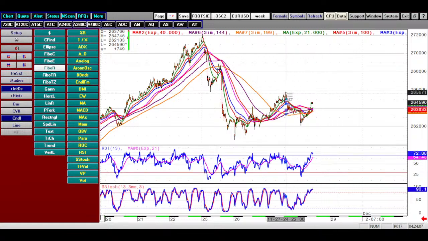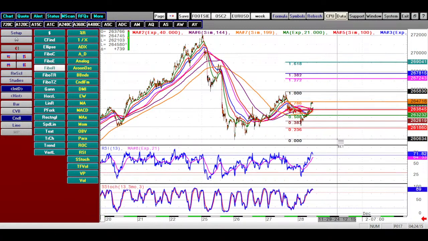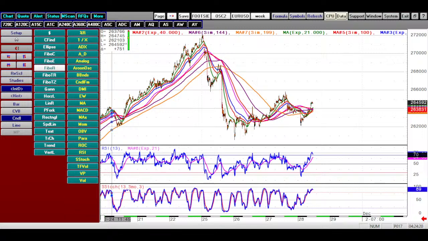But if the 58 half breaks, then we should see the price heading not towards 68 or 72. Okay, 72. So what we can do, we have a selling order at 54.